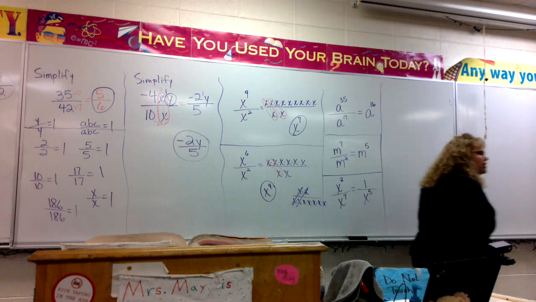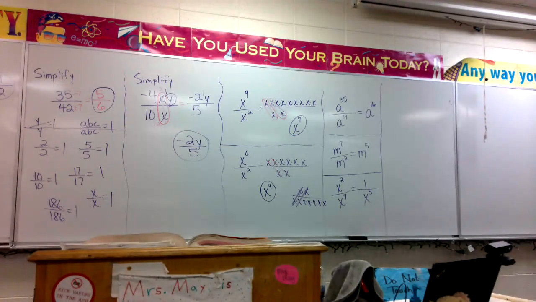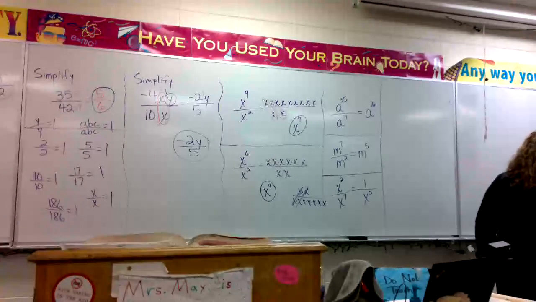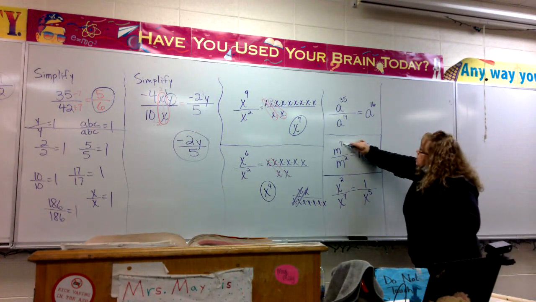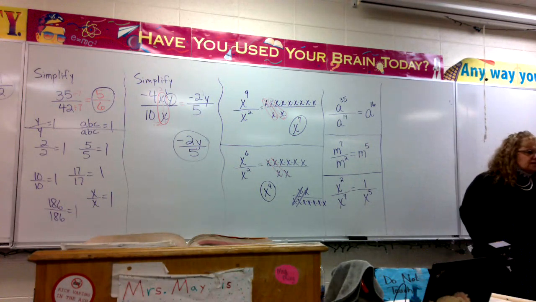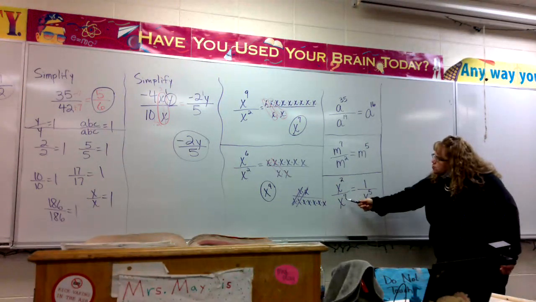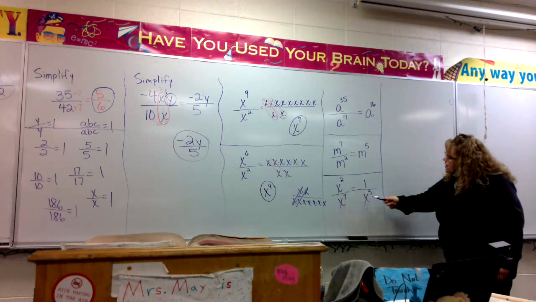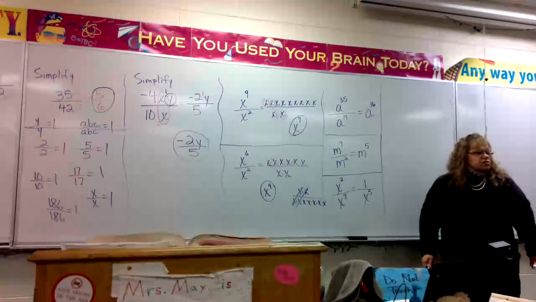And what I always tell my students is, when we're doing this, you look to see wherever the biggest exponent is. If the biggest exponent is on top, then your answer has the exponent on top. If the biggest exponent is on the bottom, then it goes on the bottom in your answer.